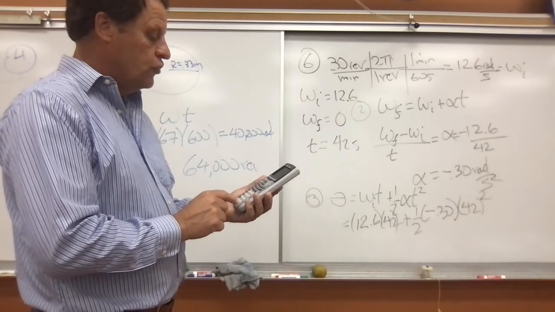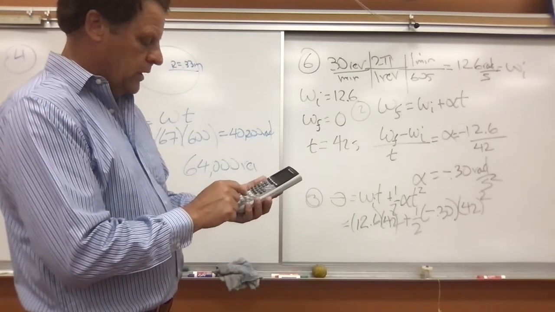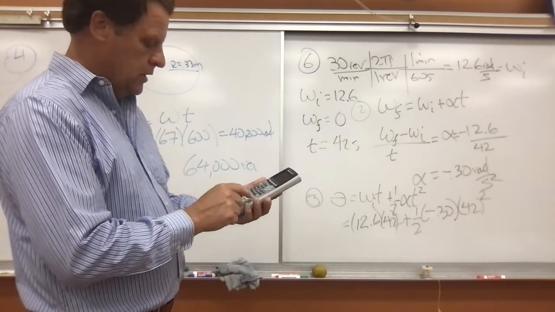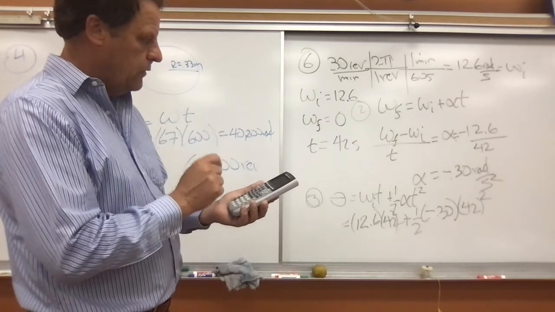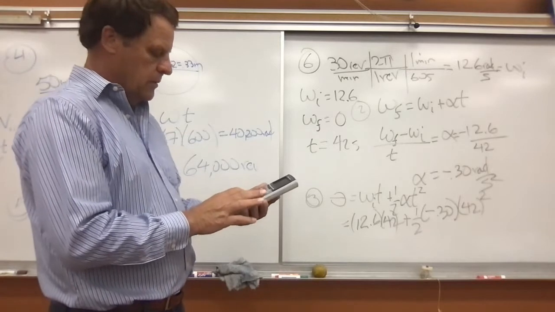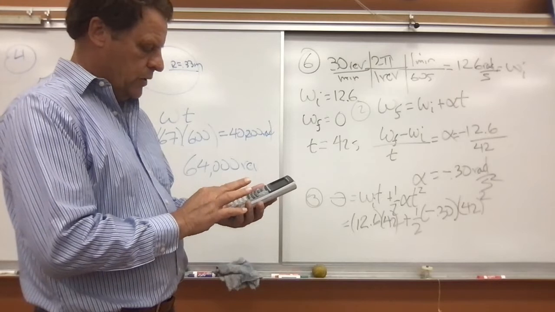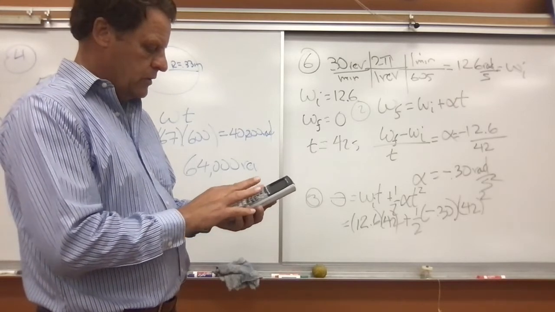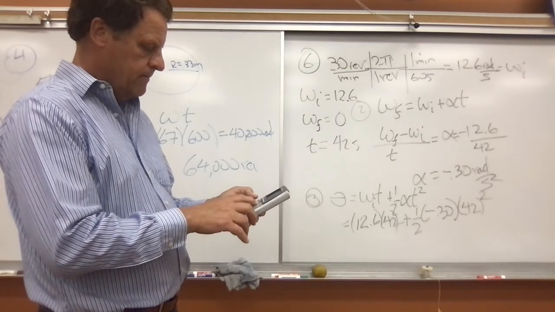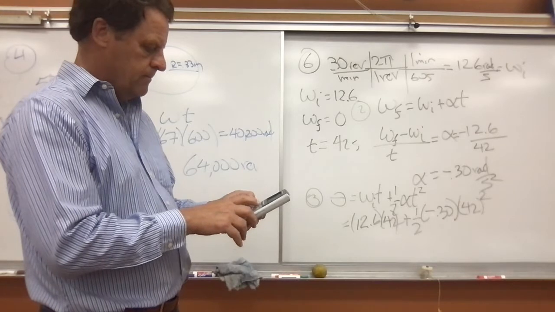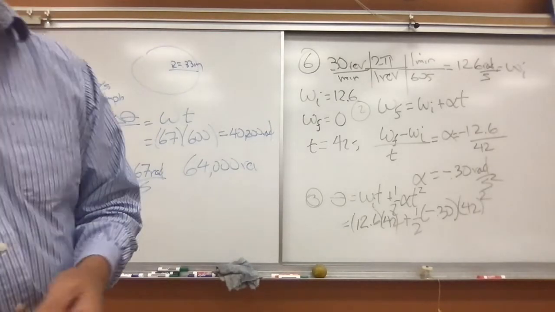Okay, so that's going to give us 264. Let's just double check that. 12.6 times 42, 529 minus 1/2 of 0.3 times 42 squared. 264, 267.